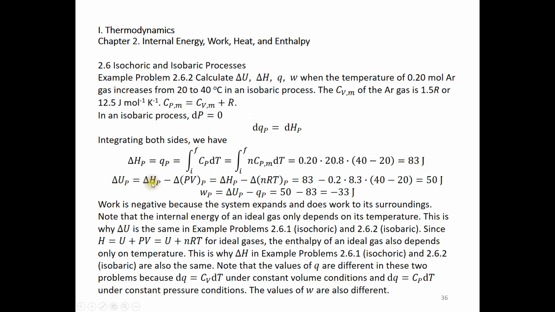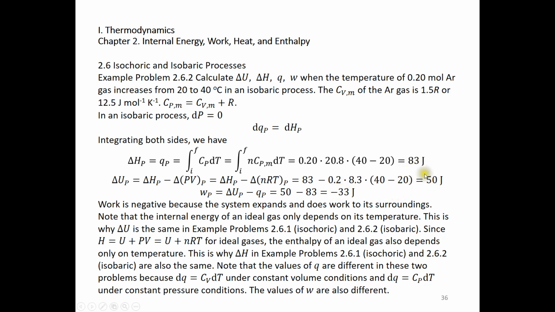Delta U is delta H minus delta PV, and delta PV is just delta nRT. We know the temperature change, we know delta H, we get 50 joules for delta U. How about work? Work is delta U minus Q. Delta U is 50, and in this isobaric process, Q is not 0. Q actually is 83. So we get W is negative 33. It's negative. That means the system expands and does work on its surroundings.